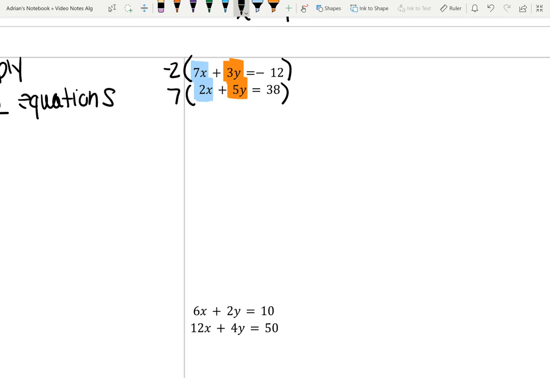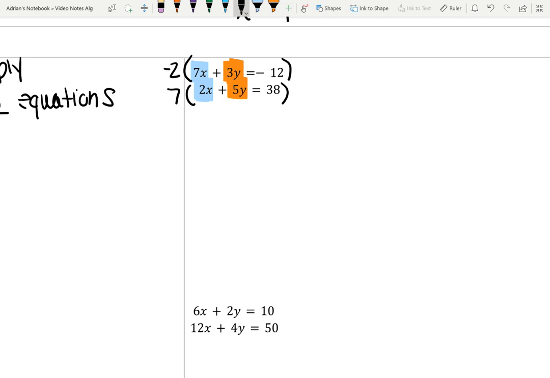Now you might be wondering, why did I pick these numbers? Why did I choose 14? It doesn't really matter what number you get to. Maybe I wanted to get them both to be like 28 or something. I could do that, just as long as they are the same, but opposite, obviously. So one's positive and one's negative.